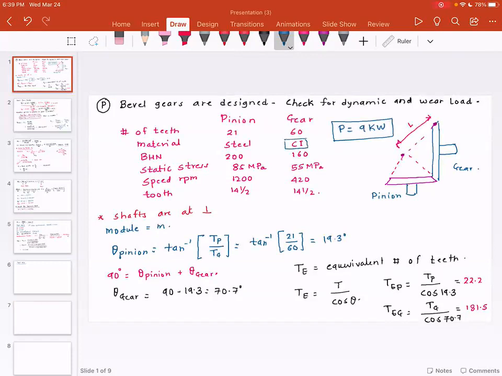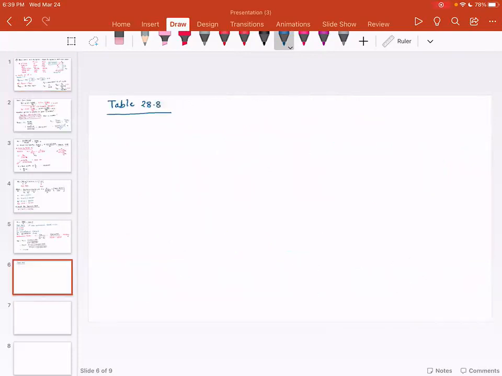The gear is made up with cast iron. So what we need to do is find out the value of endurance strength for cast iron with Brinell hardness number BHN equal to 160.